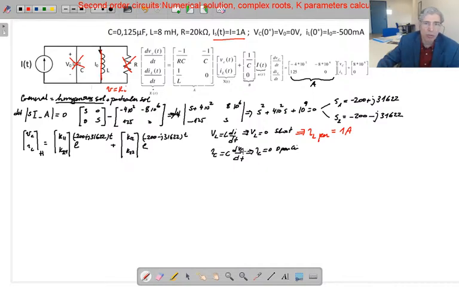Capacitor voltage is going to be 0. So particular solution for the capacitor is going to be 0. Why is that? Because we already know that inductor voltage is 0 since they are connected in parallel. So that's going to be 0 as well. So VC particular is equal to 0.